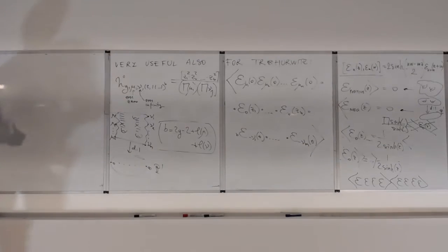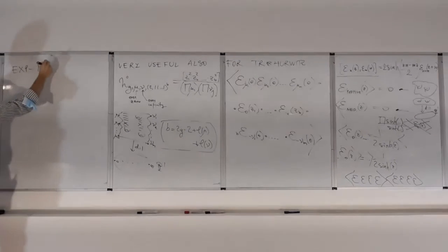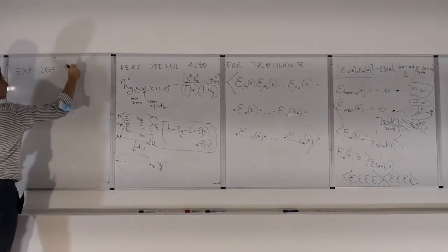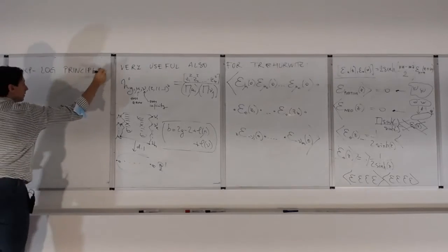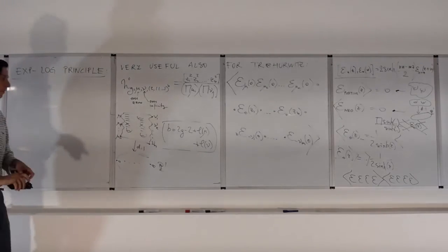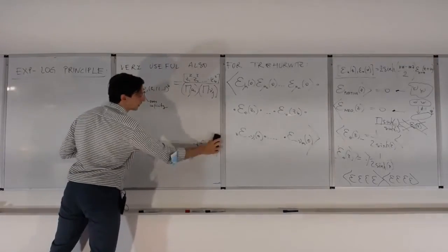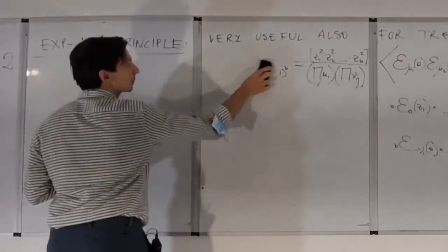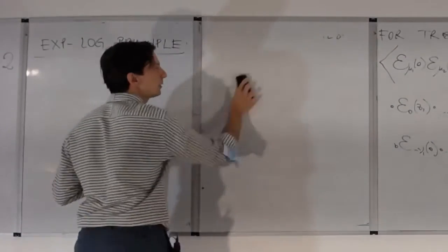So now I want to talk about the exponential log principle. Which, of course, many of you know. And there were already questions about it. But it's still something very useful in enumerative geometry.